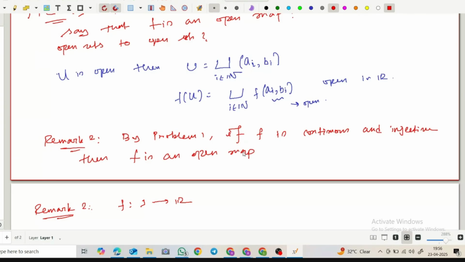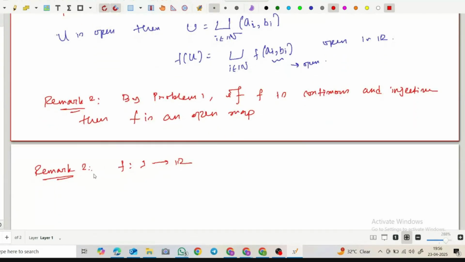Okay. So this is remark 3. We have all the above. f is continuous injective, hence f is open. Now, f inverse defined from f(I) to R. Since f is injective, the inverse is well defined.